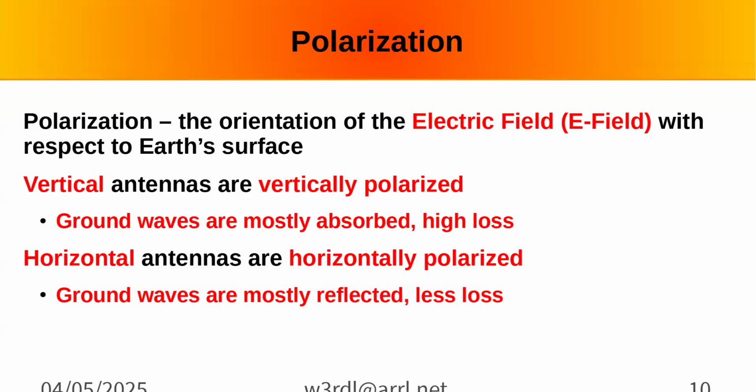If it's a horizontal, that ground wave is reflected, and this all depends on the soil conductivity. But the higher the conductivity, the more it reflects. So you can make use of ground wave on a horizontal where you really can't on a vertical. That's one of the basic differences.